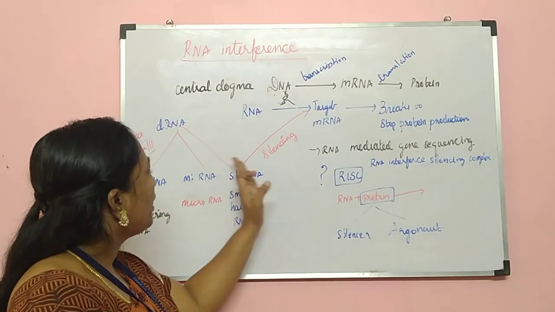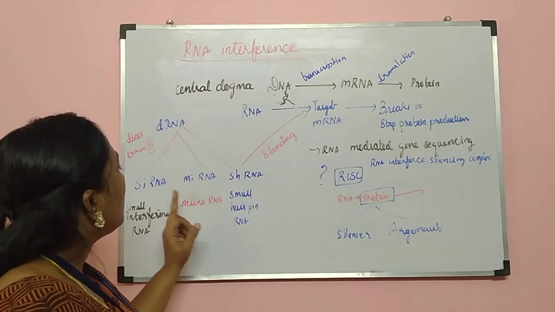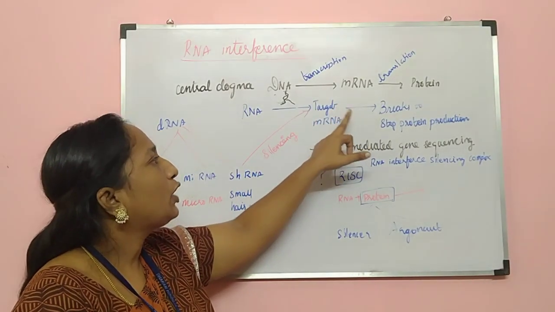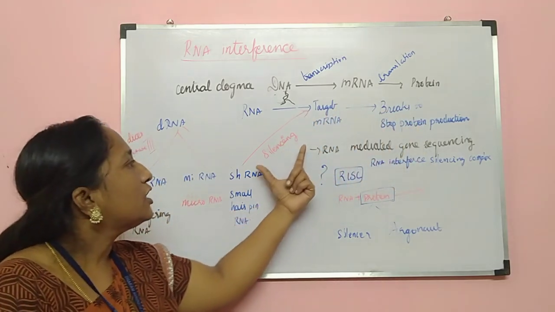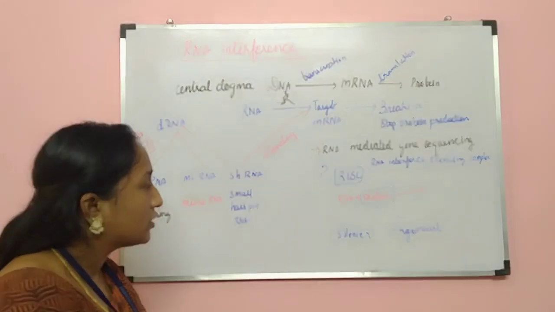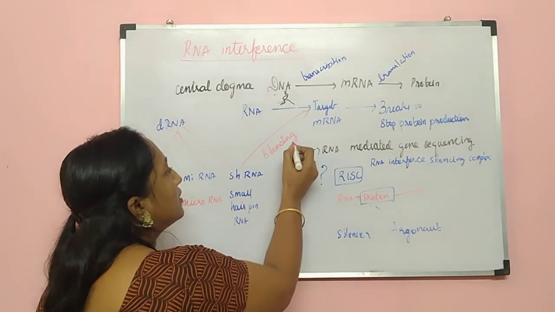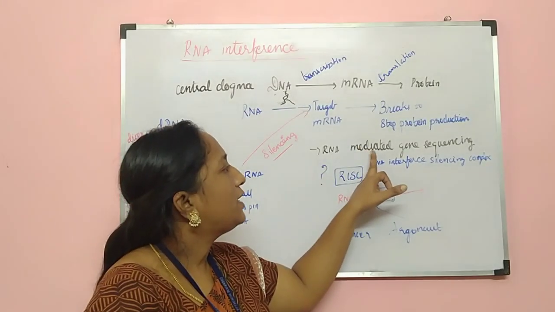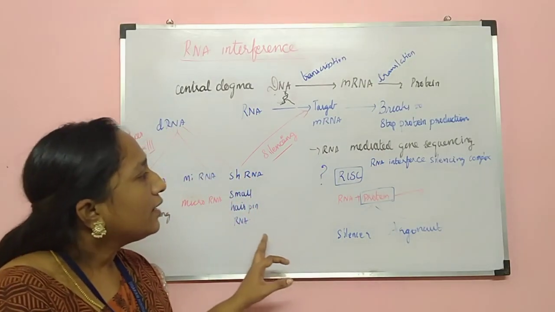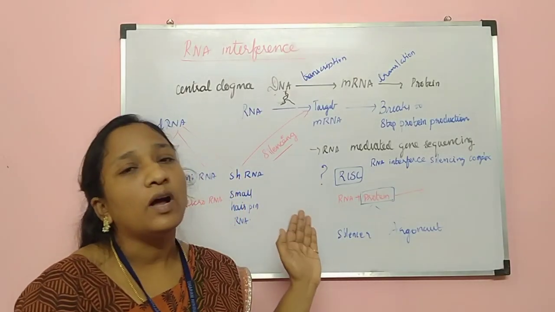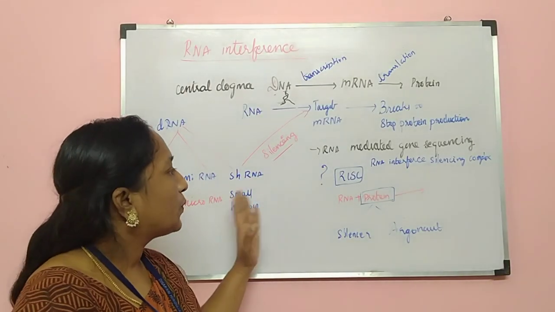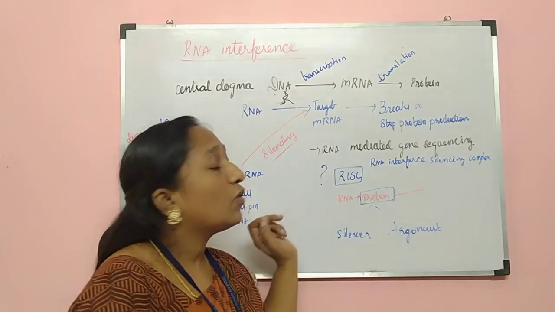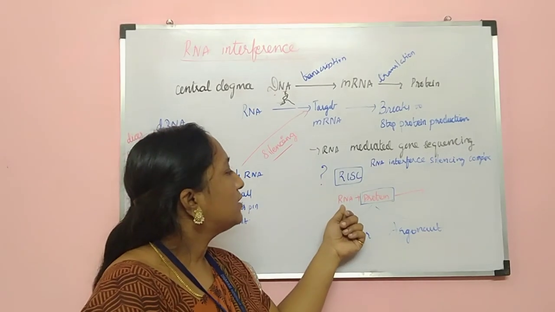Now any one of the small RNAs will attack the mRNA to stop the production of protein. This is called silencing, and because of this it is called mRNA mediated gene silencing. How do the scientists do this? They use RISC.